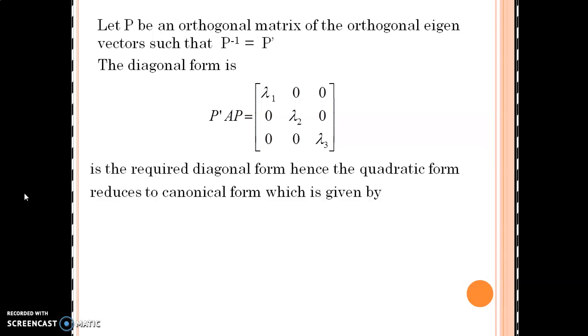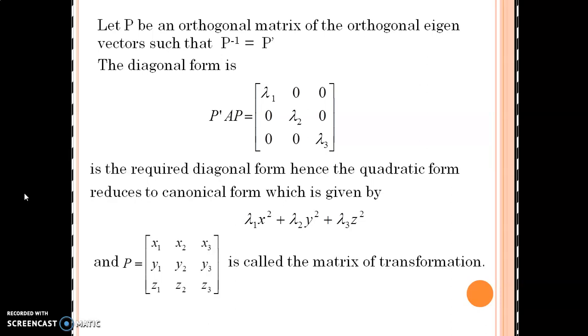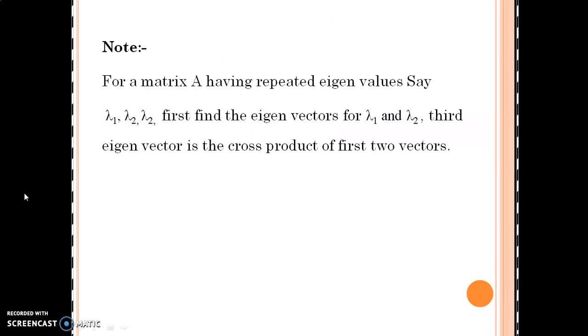So this is the required diagonal form for the given quadratic form, and the canonical form is given by lambda 1 x square plus lambda 2 y square plus lambda 3 z square. The matrix P of transformation consists of the orthogonal eigenvectors.